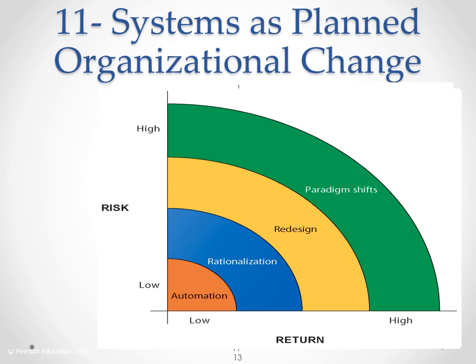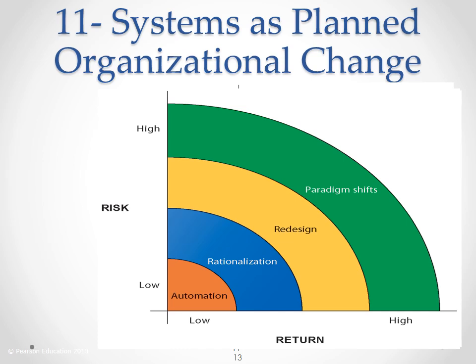Let us go to the paradigm shift. A paradigm shift is a more radical form of business change, and it is actually very dangerous and very critical. A paradigm shift involves rethinking the nature of the business and the nature of the organization. The risk here is really high.